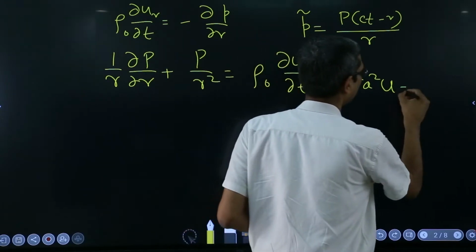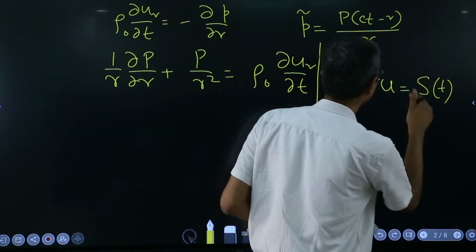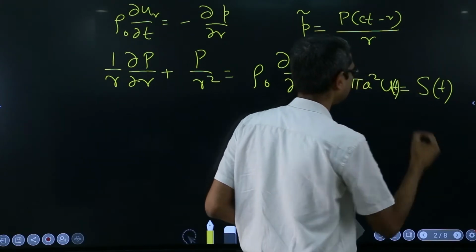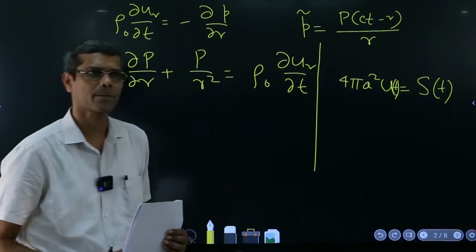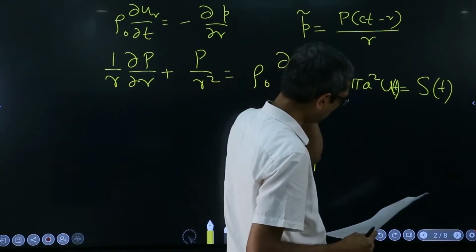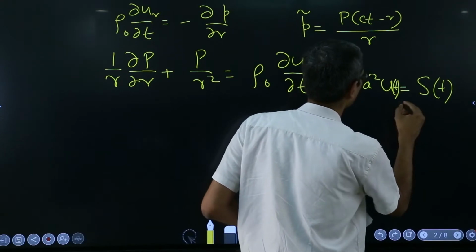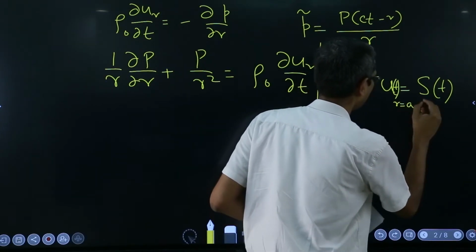If you define that as S as a function of time, here also I can write it as t. I'll say at r equal to a.